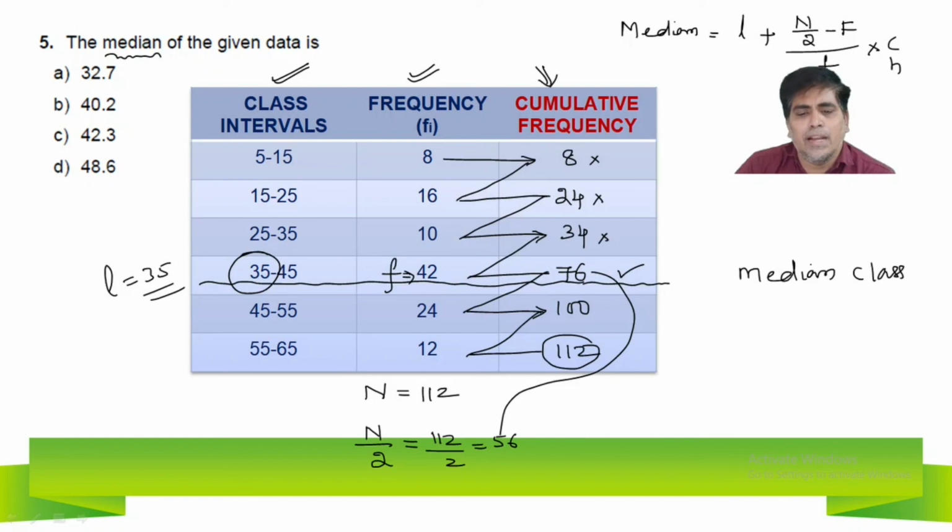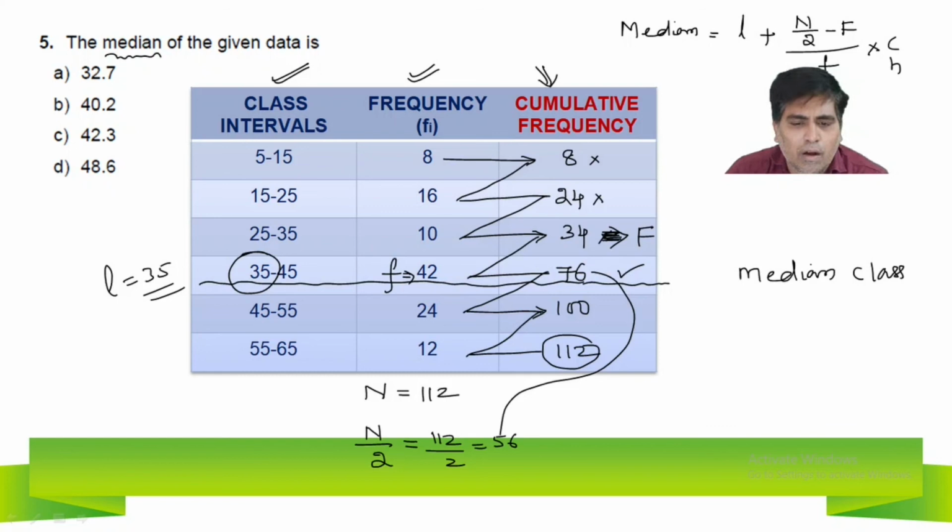Frequency of the median class, 42, that is small f. Capital F is the cumulative frequency of the preceding class. Preceding class, just go back to one above. So 34, that is the cumulative frequency of the preceding class. This is the F value.